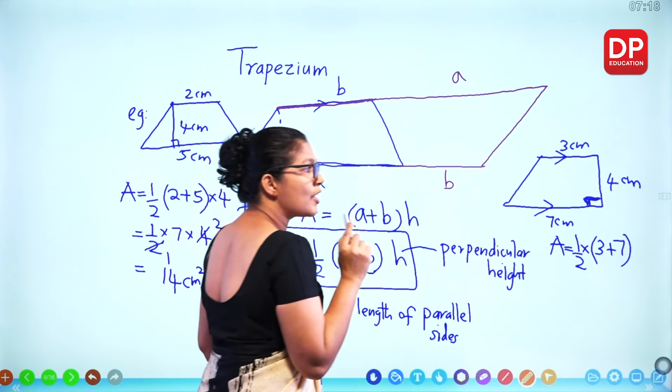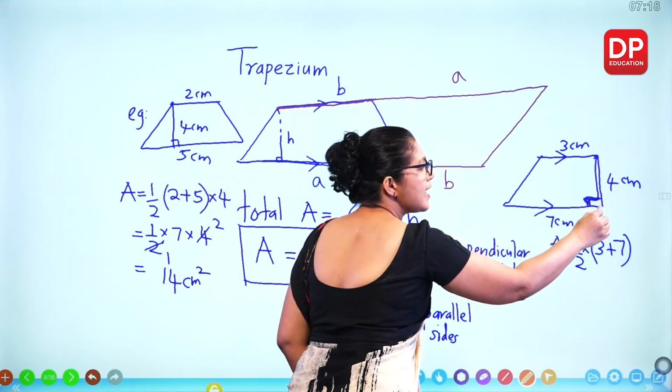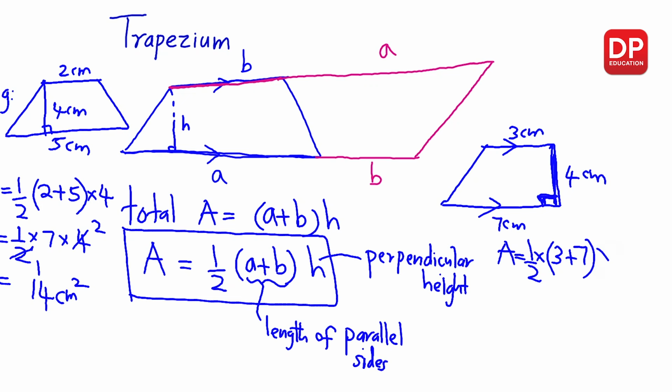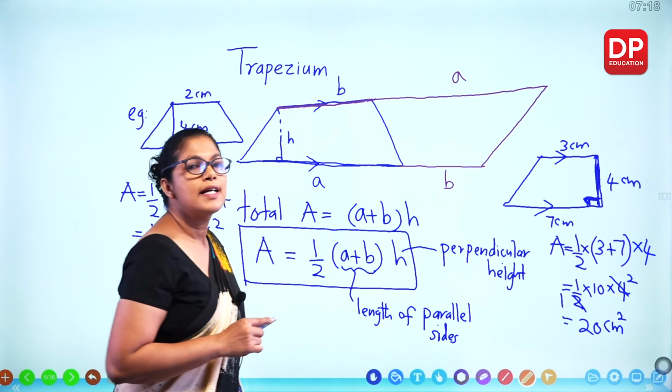And what's the perpendicular height here? The perpendicular height is given like this because this is 90 degrees. So here you can substitute 4. Simplify this: half, 7 plus 3 becomes 10, times 4. And now you can simplify, 2 gets cancelled out with this 4 and you get 2 here. 10 times 2 is 20. 20 square centimeters is the area of this trapezium.